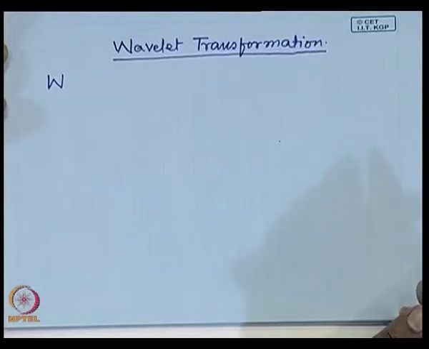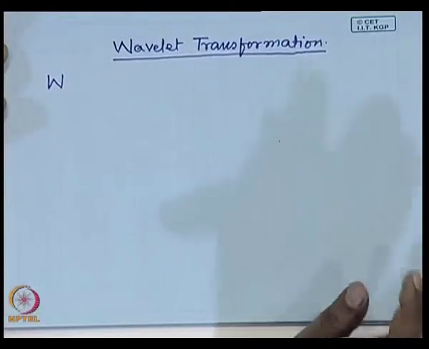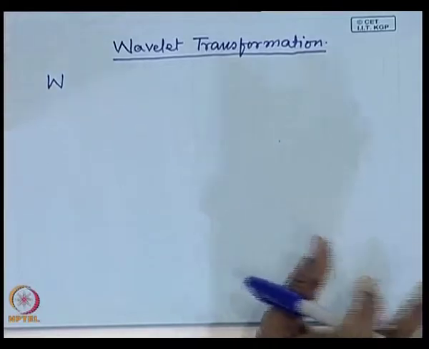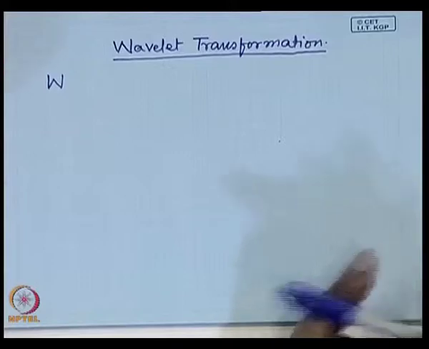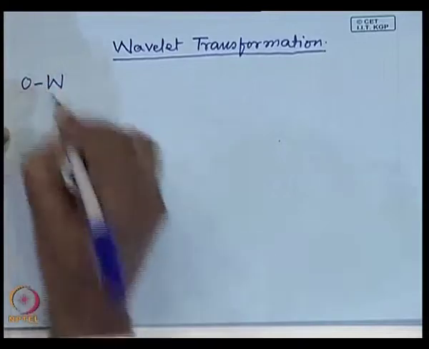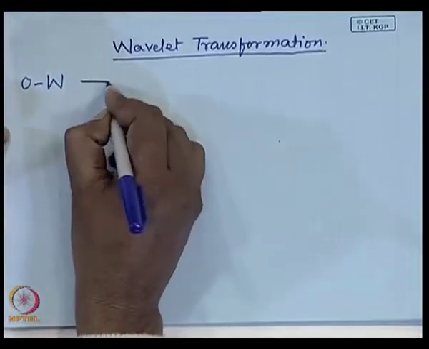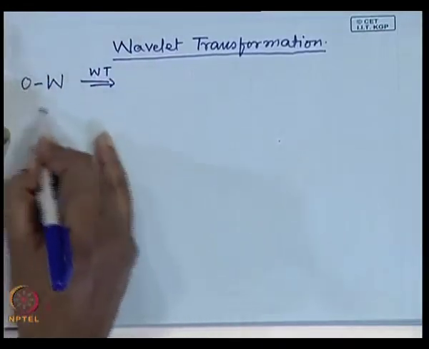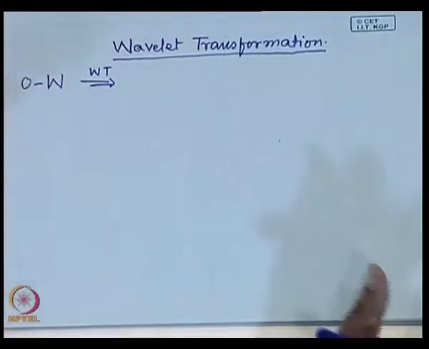What wavelet transformation does is, wavelet transformation breaks this signal into sub bands. The total bandwidth is W. So, let us assume that it is 0 to W. When I apply wavelet transformation, it breaks this bandwidth into two sub bands.